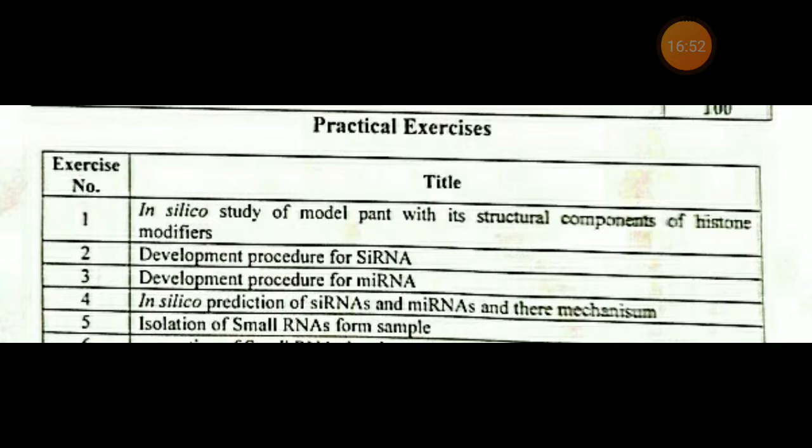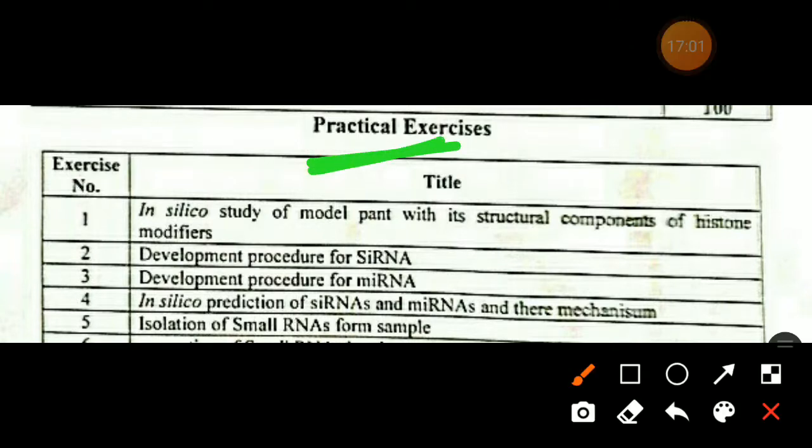Then the second part of this course is about practical exercises. There are 16 practical exercises given for this course, and the first exercise is the in silico study of a model plant with its structural components of histone modifiers.